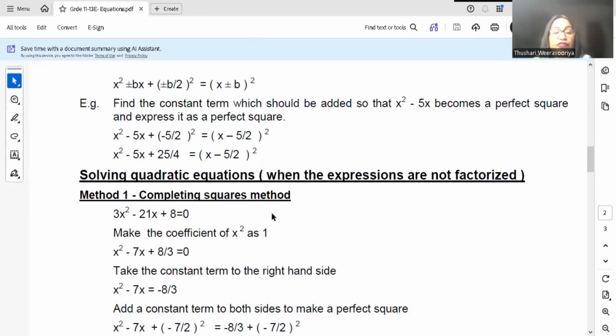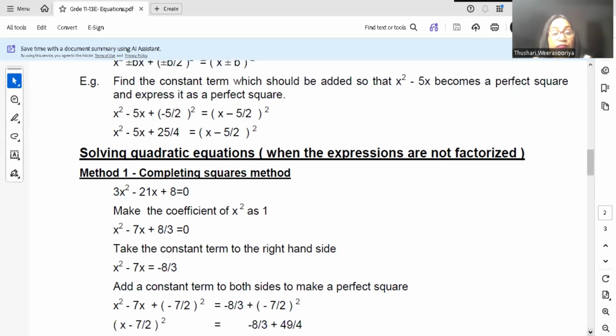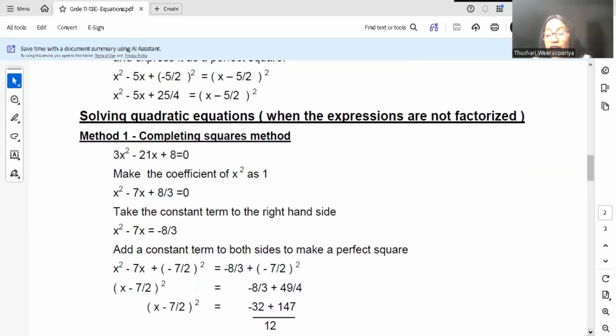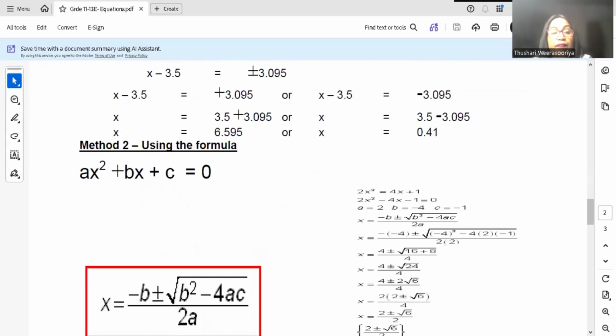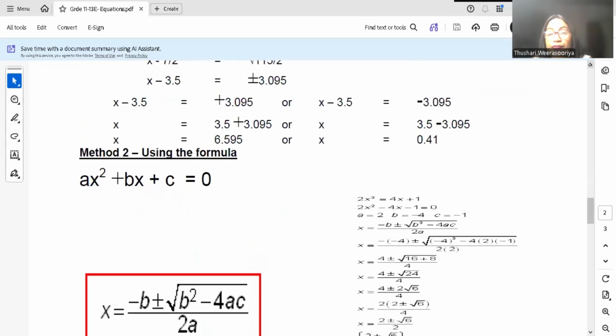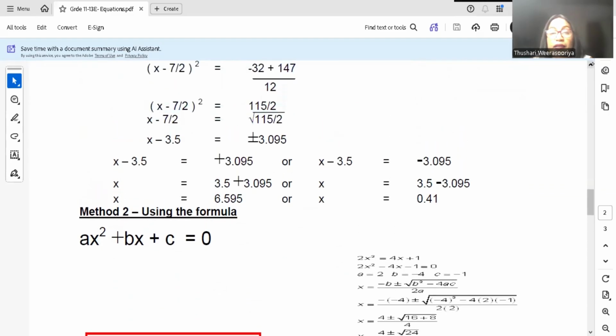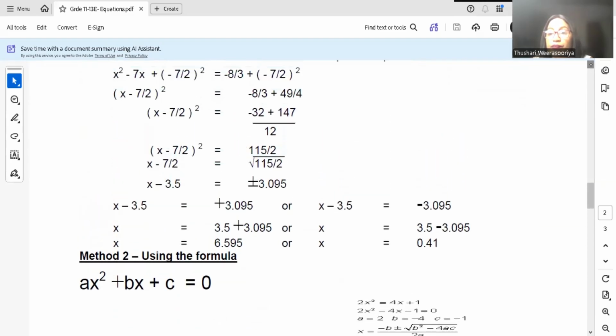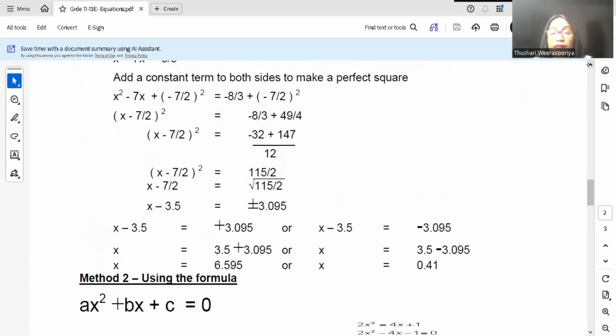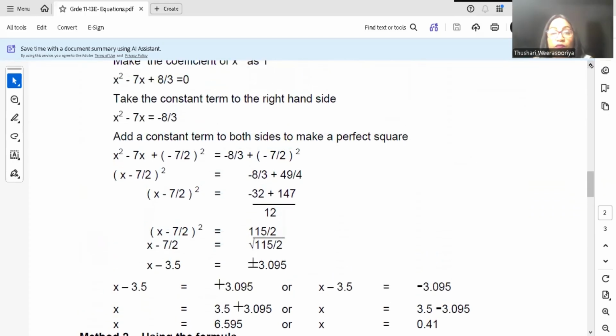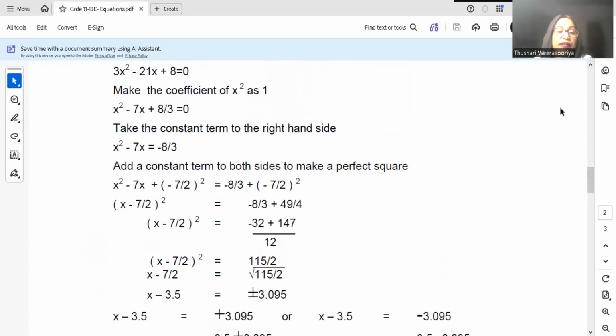Right. Method one, completing the square method. Now you get 3x squared minus 21x plus 8 equals 0.